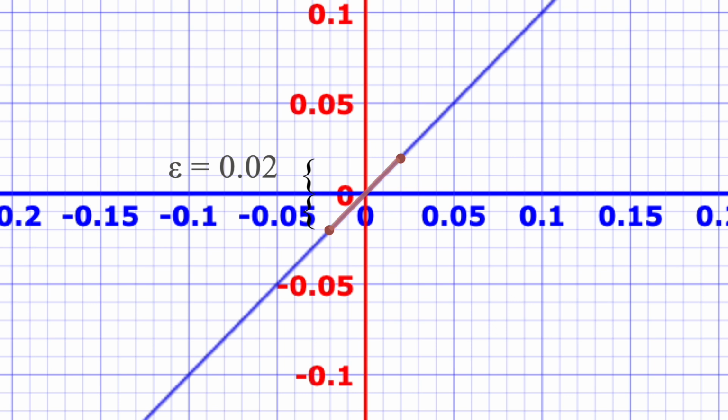So delta is the distance they are from the c value, which is 0 in this case, and delta would also be 0.02. In fact, it will work this way for any epsilon, since f of x just equals x. Our y values are the same as our x values. So when epsilon equals 0.1, delta equals 0.1.